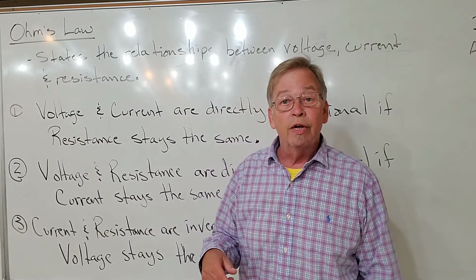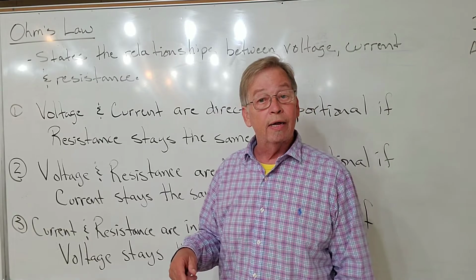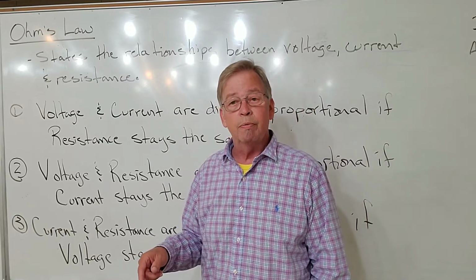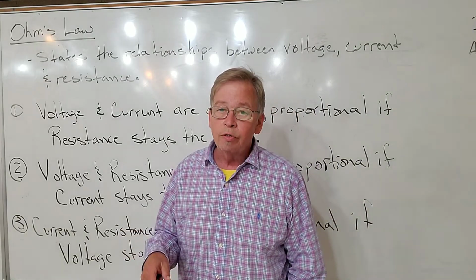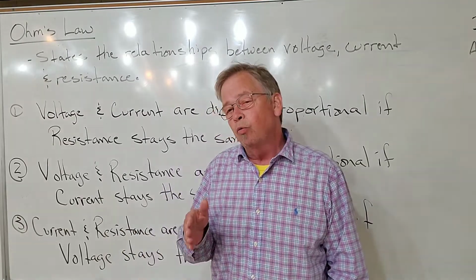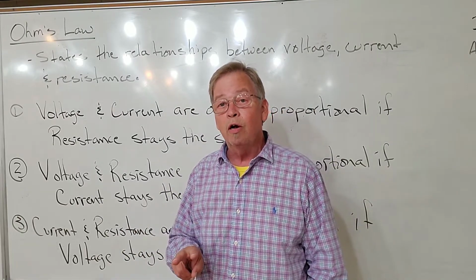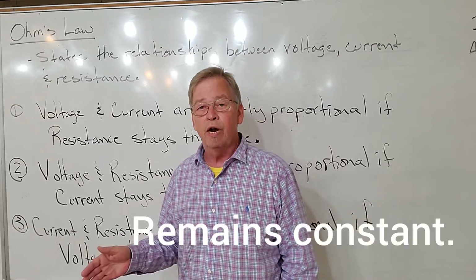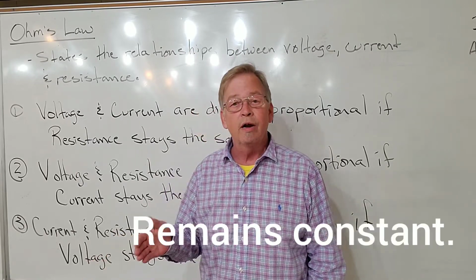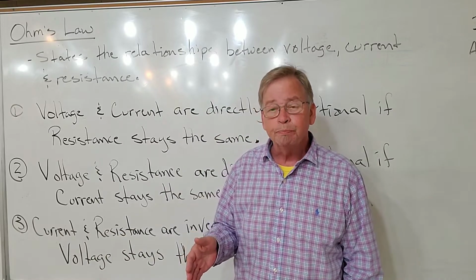And the third one, current and resistance are inversely proportional if voltage stays the same. So really the relationships are between two of the variables, and it only holds true if that third variable is held constant, or stays the same.